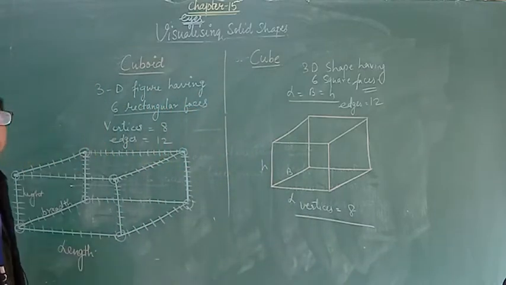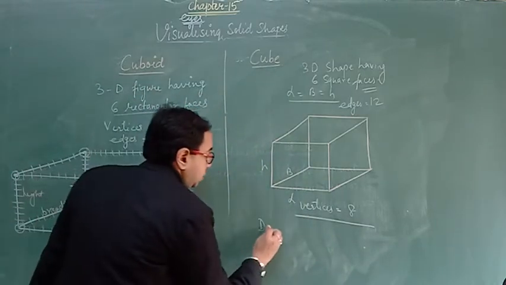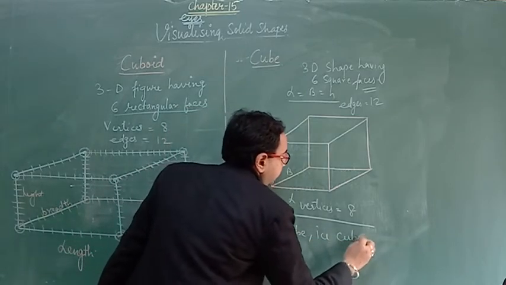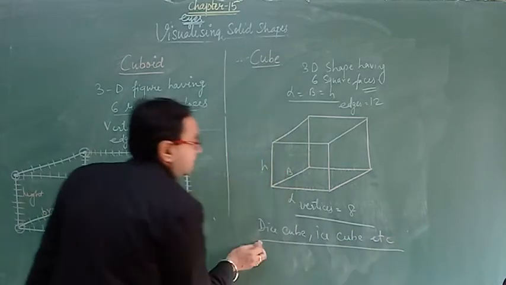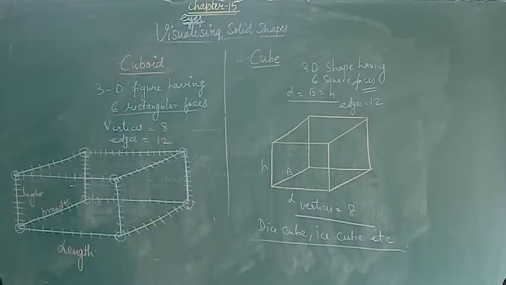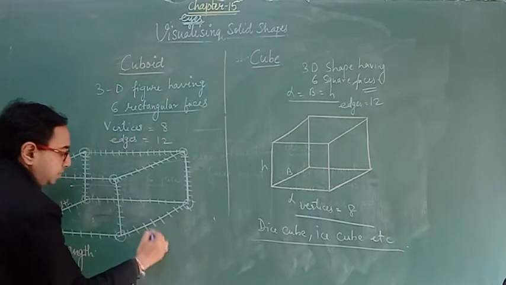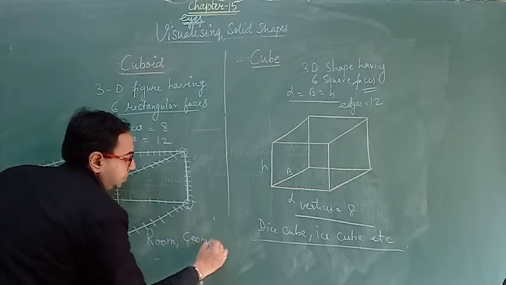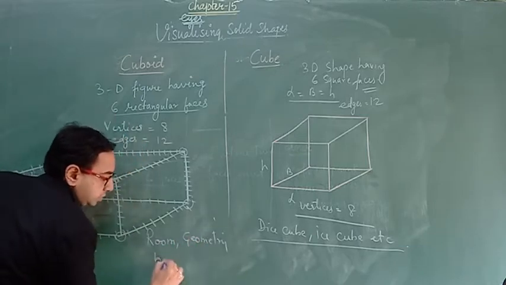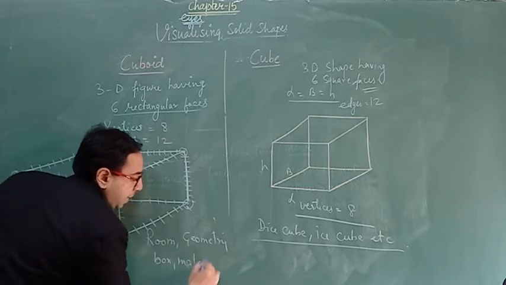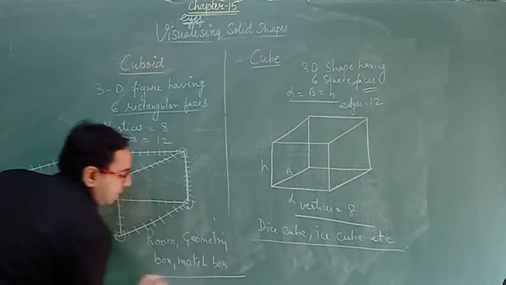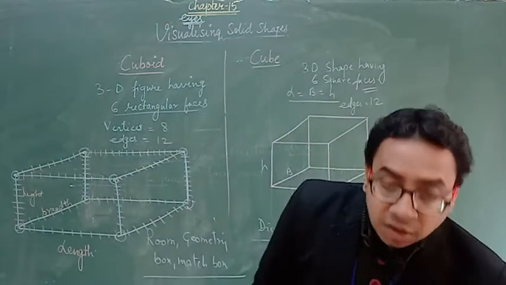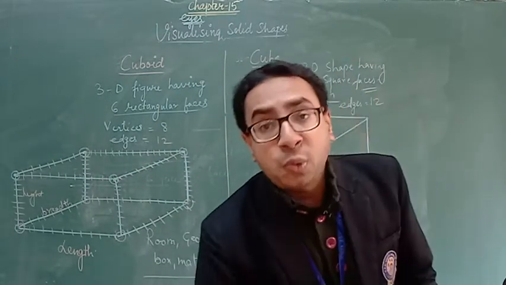The best examples of a cube are your dice, ice cube, etc. Cuboid, any shape, room, symmetric box, matchbox, all are examples of a cuboid. Are we clear with two shapes, cube and cuboid?